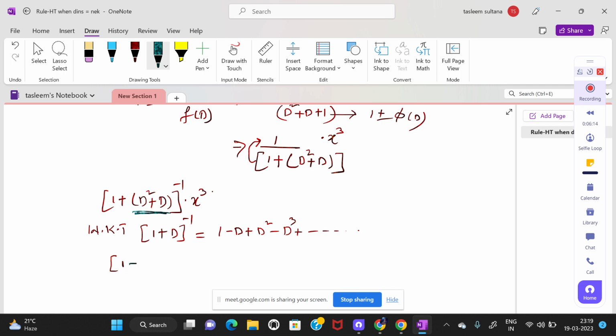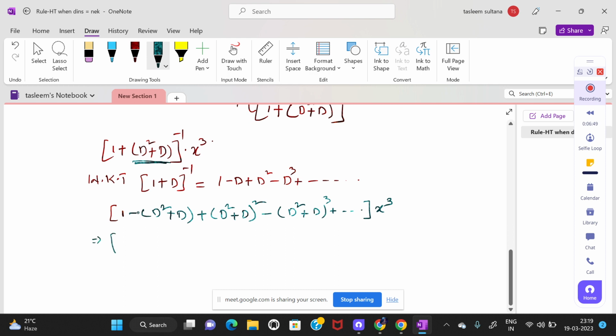So 1 minus of d square plus d, then plus of d square plus d whole square, minus of d square plus d whole cube plus so on, x cube. I'm not writing the remaining terms because my power here is 3 only. So I'm going to get the values till 3 differentiations only. After that, the remaining differentiations are going to become 0.